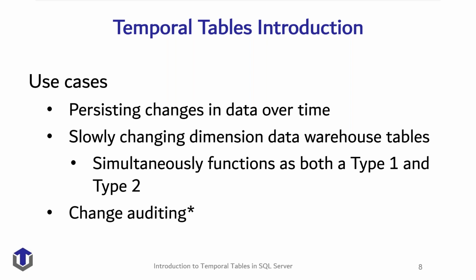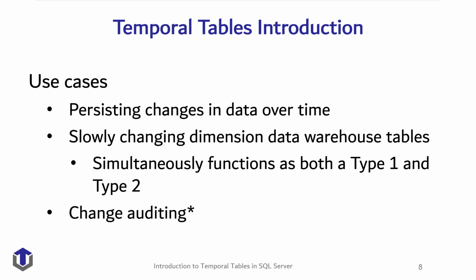One of the things that I'll typically mention if you do decide to use this as a slowly changing dimension table, one of the minor shortcomings that I have found in temporal tables is that you can't specify the date on which an old row expires and a new row takes its place. In a lot of cases, this is okay.